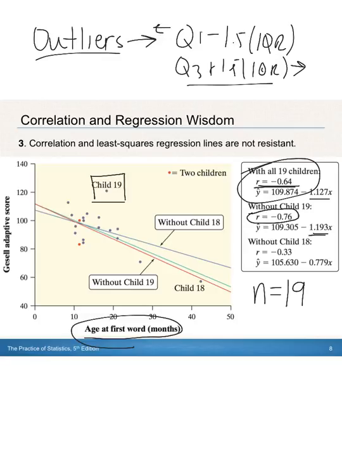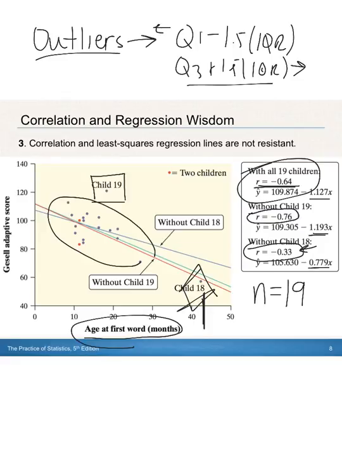Without child 18, on the other hand, this child didn't say their first word until almost 3.5 years. So by taking that kid out, the cluster of data is way more like that and less of a line. So the R becomes much weaker, and the slope gets weaker as well.